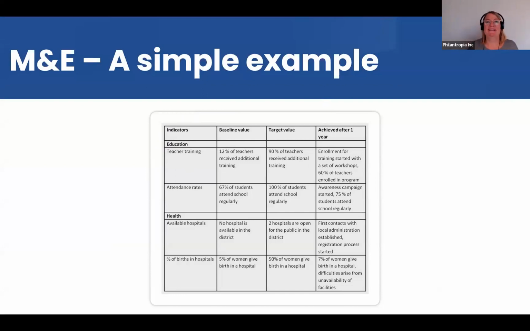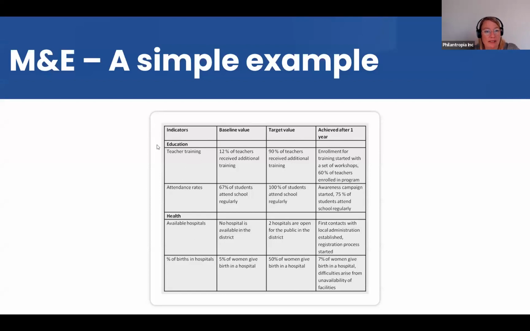Again, more detail next Tuesday in the log frame session, but in general, you would set indicators with values: the baseline value where you are today, a target value that you want to achieve, and then a milestone along the way that you have to achieve to actually show project success.